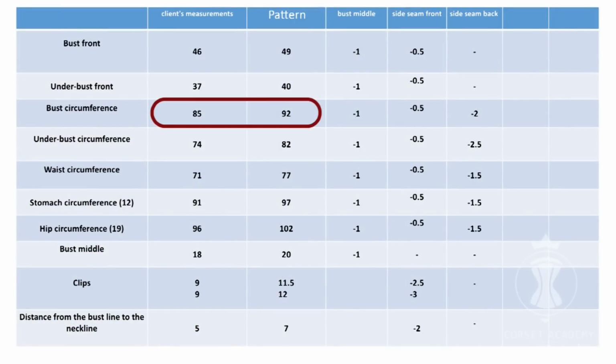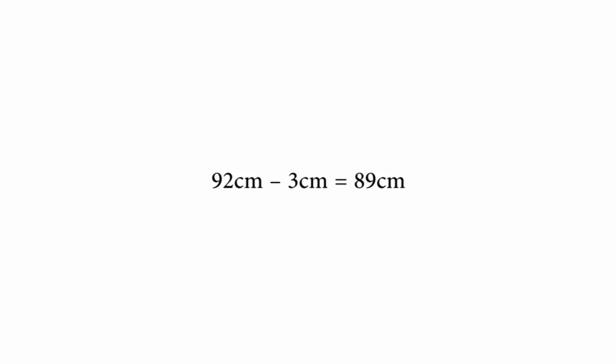Bust circumference: 85 centimeters on the client and 92 centimeters on the pattern. But I have already narrowed the pattern down by 3 centimeters. 92 centimeters minus 3 centimeters equals 89 centimeters. 85 centimeters minus 89 centimeters equals -4 centimeters.